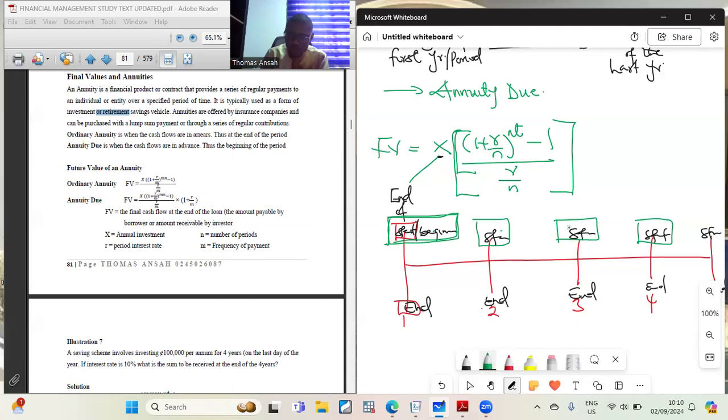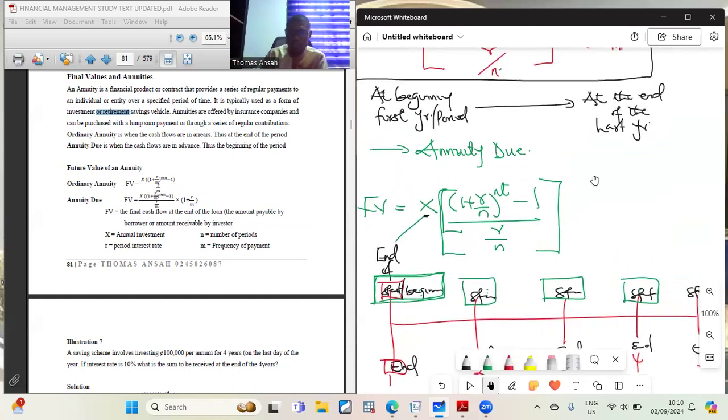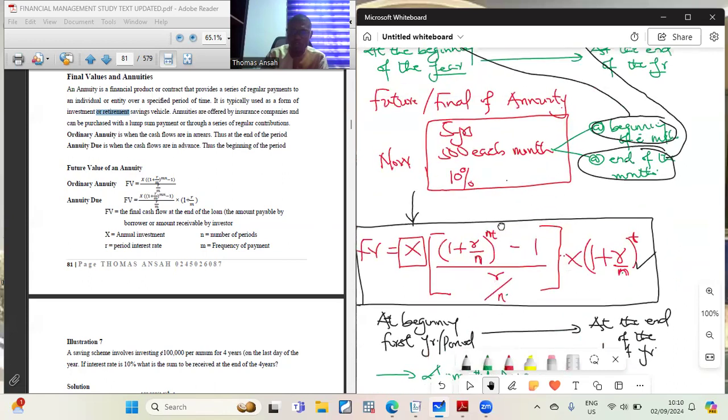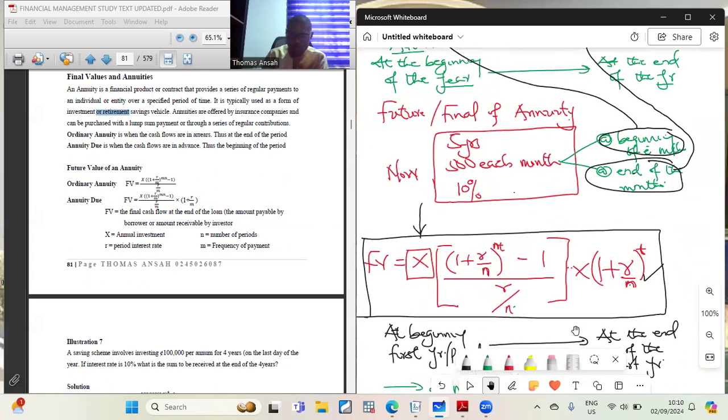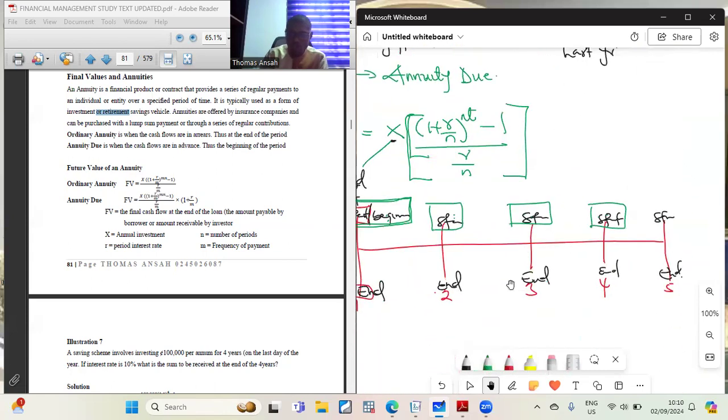But this one is putting in money all the time. Now, what happens is that the answer for this formula, like we learned in the part 1 video, is going to be where? Yeah, at the beginning of the last period. And so if you want the answer at the end, then it means you need to go 1 year forward.